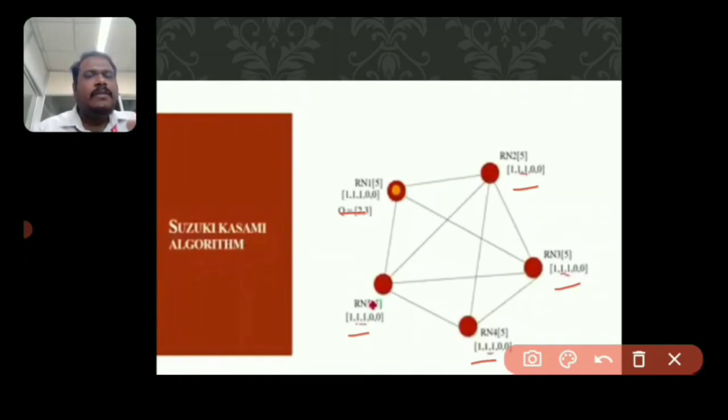So 2 more requests have come. Rn1 is broadcasting a request message to all other sites, so that the queue will form as 1 1 in the second and third values. Okay, right. Now what is happening?